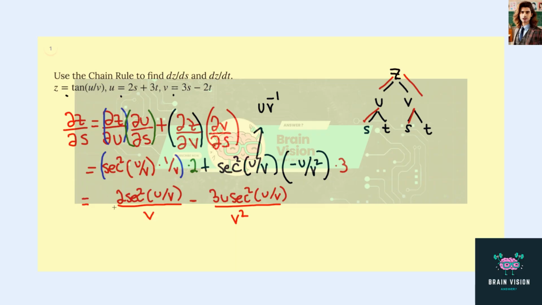So now we will go on and use the chain rule again, but this time to find the derivative with respect to t. So using the tree once more, we go from z to u, then u to t.